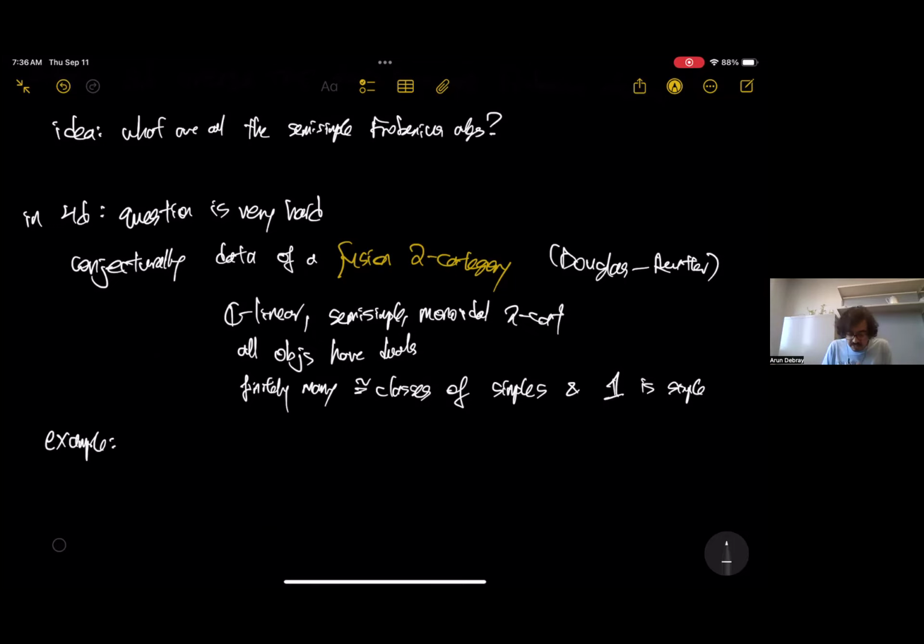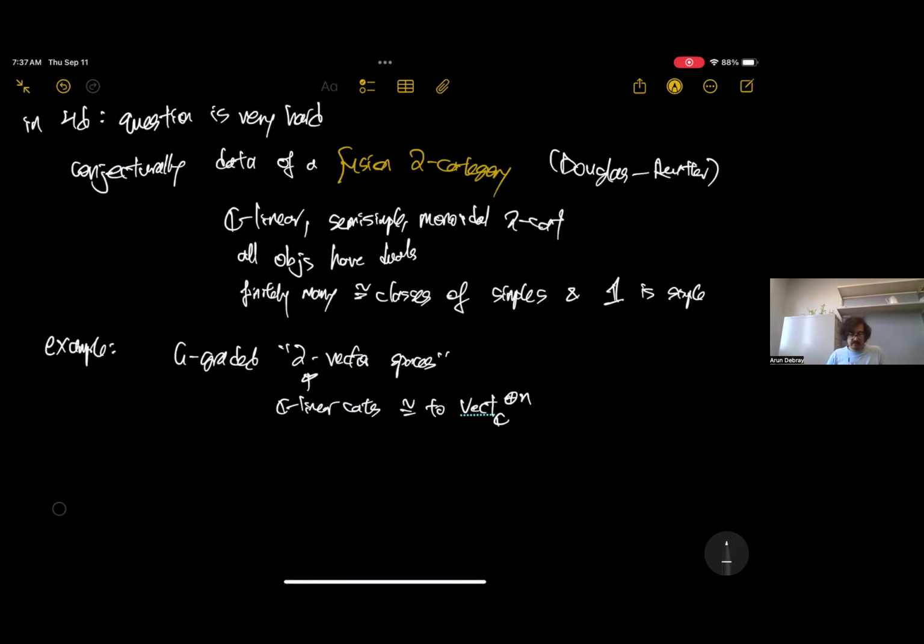So as an example, there's a category of G-graded 2 vector spaces. And these are C-linear categories, which are isomorphic to the sum of n copies of complex vector spaces in some direct sum construction.